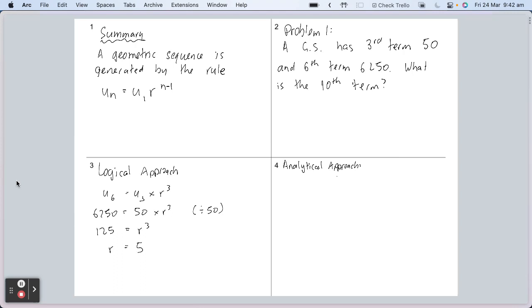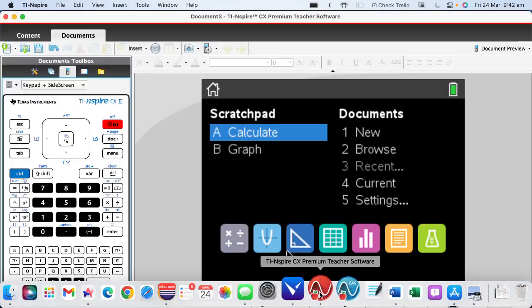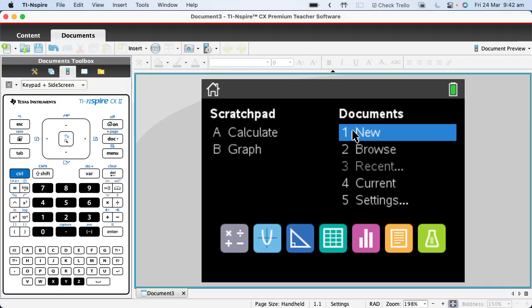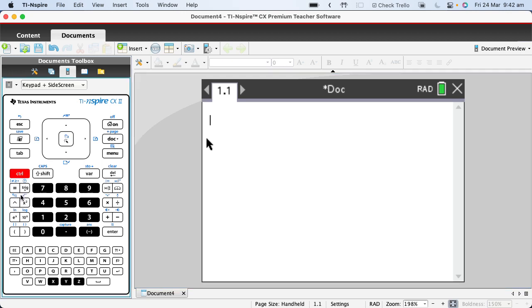Just an FYI, on your graphics display calculator, if you are on the calculator page and you need to work out what the cube root of 125 is, then I'm going to use this button up here, Control, and there's a little square root button.